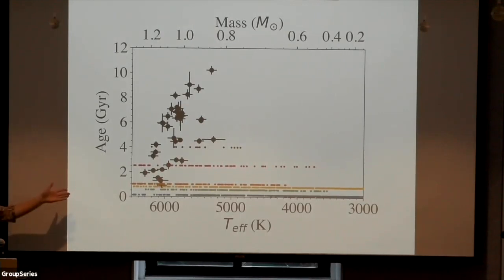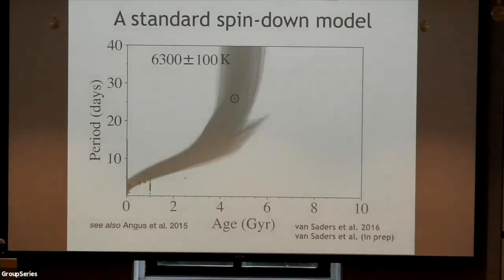Okay, so this is what we've got. The thing that we do get that's excellent is around solar, where most of our effort has been put in to understand this. Suddenly, we now have a range of ages that spans the age of the Milky Way. That's the first time we've had that. So let's compare this to the model. There are too many dimensions to this problem, so it's going to be a movie again.